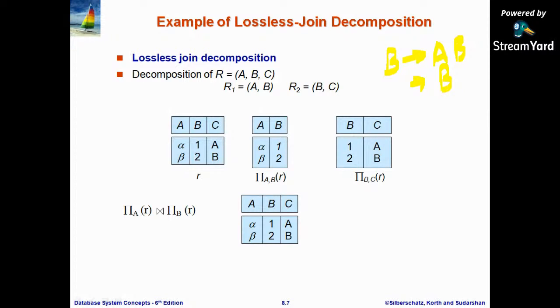B should be functionally dependent on either AB or BC, that is, B determines R1 or R2. If any of them is true, then our decomposition is lossless.